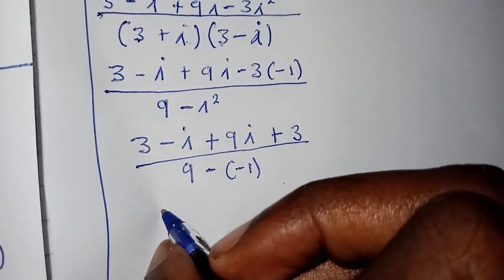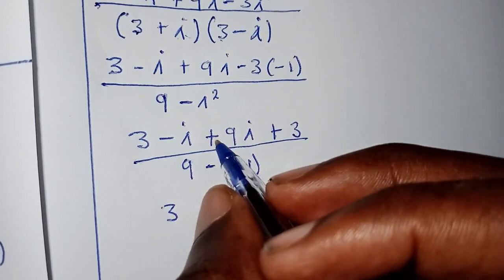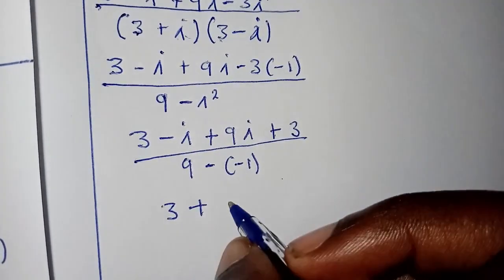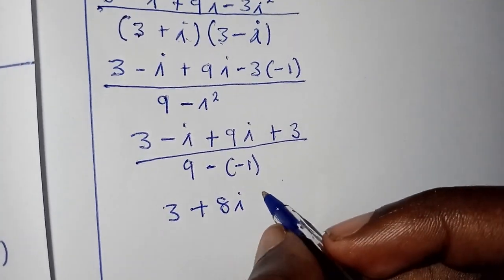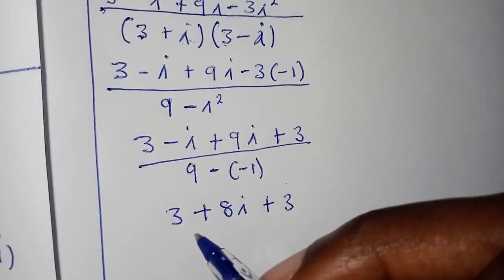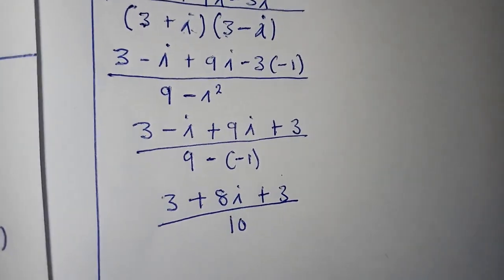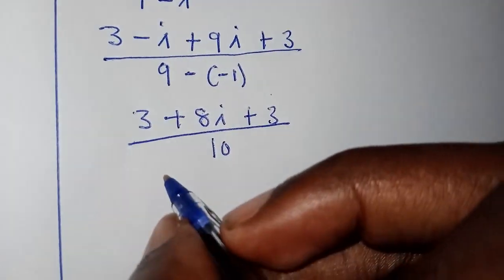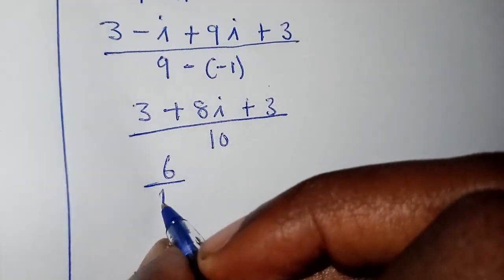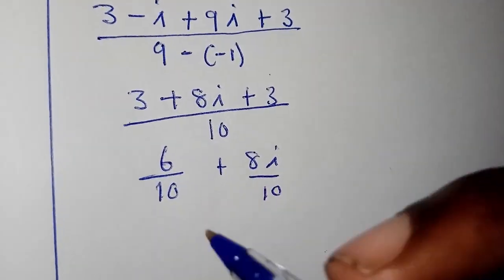From here, this is just the same as 3. Okay, this is negative, so this is just going to be plus. This is going to be 8i plus, this is going to be 3 over 10. All right, then from here, this is going to be 6 over 10 plus 8i over 10.